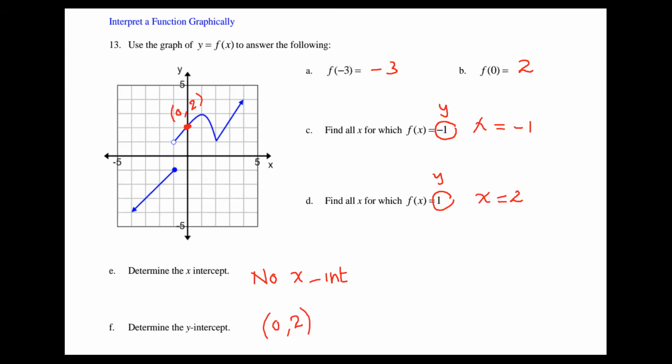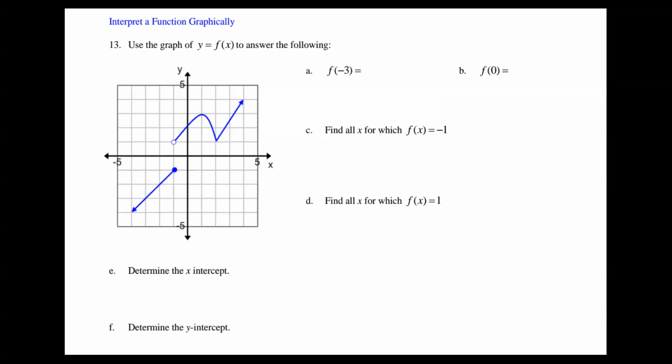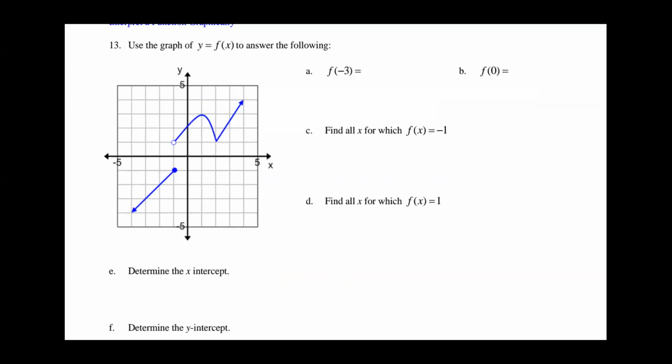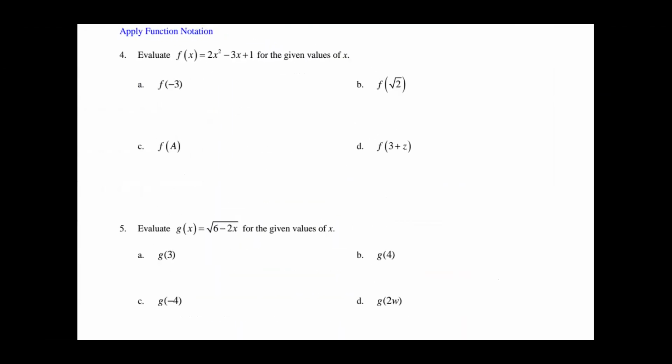So in this section, we learned how to identify a function from the graph. To find if the graph is a function or not, we use the vertical line test. And second objective, we learned the function notation, that is evaluating the function.